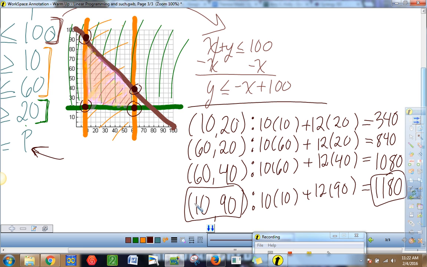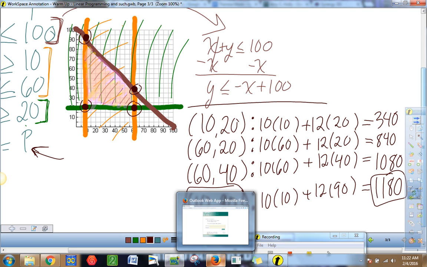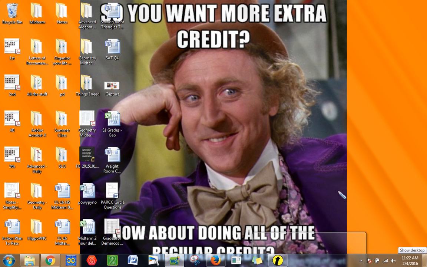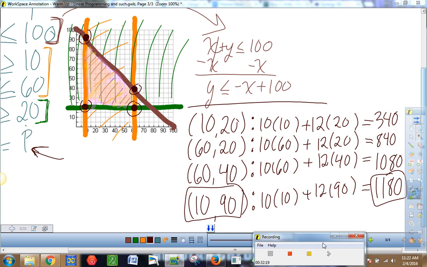So for the max profit, they want to give each store 10 Afghans and 90 sweaters. Does that make sense? That's as real world as math gets. That's really what people do. If you go into any kind of business or marketing, this is what they do to figure out how to maximize their profit. Okay? Cool?